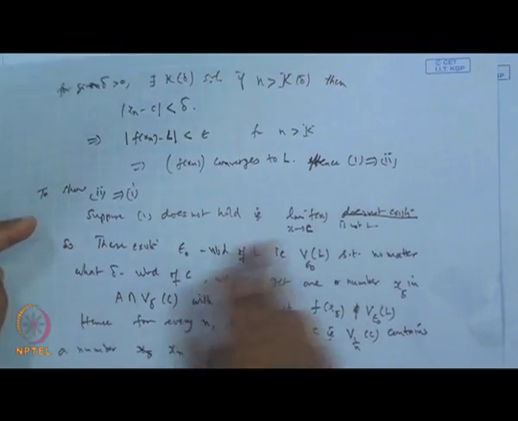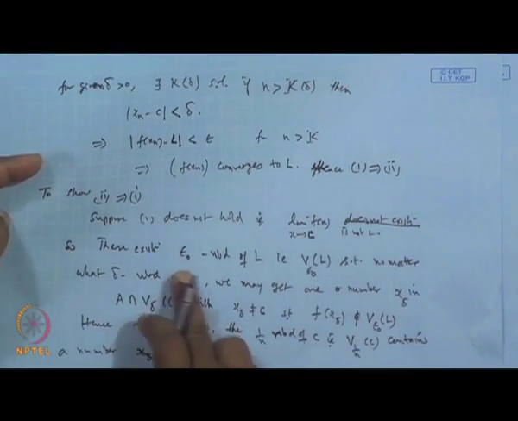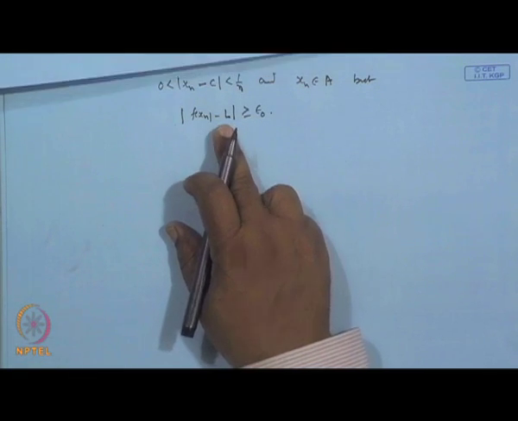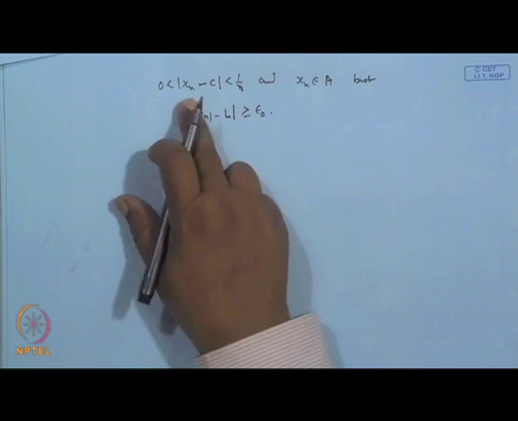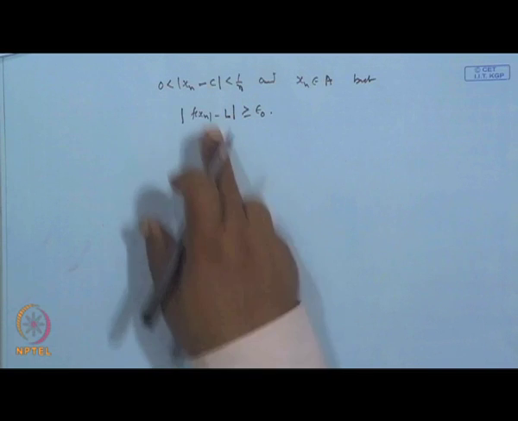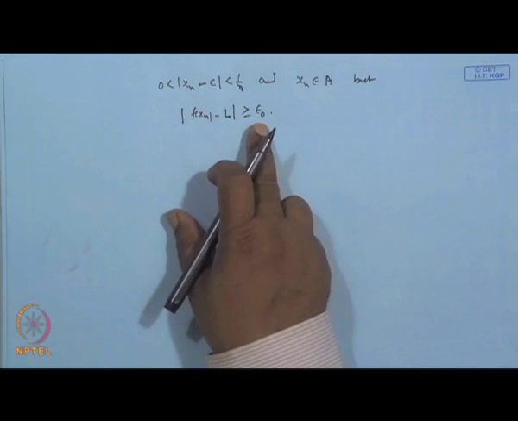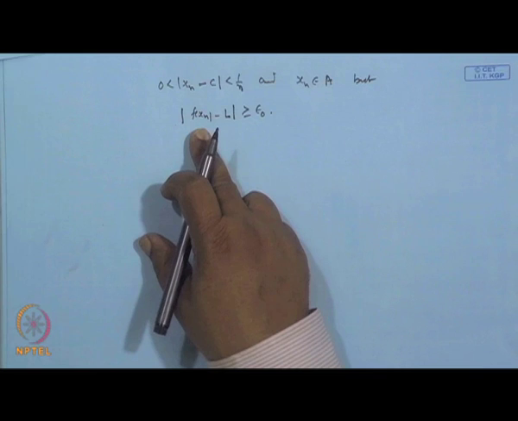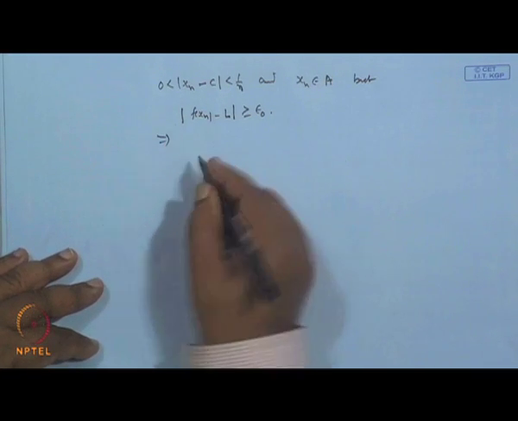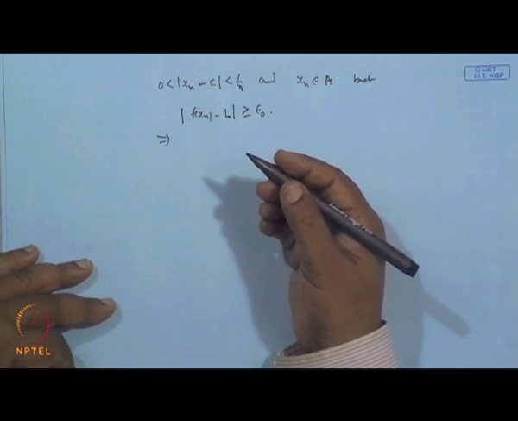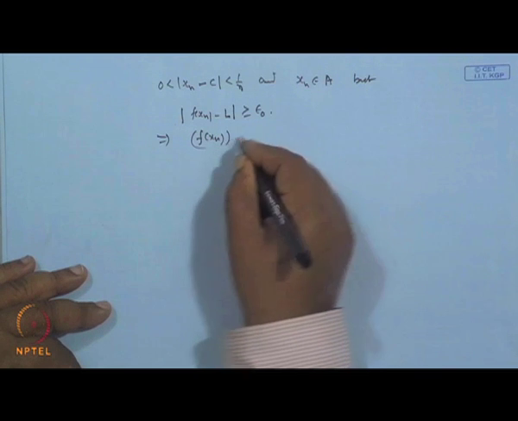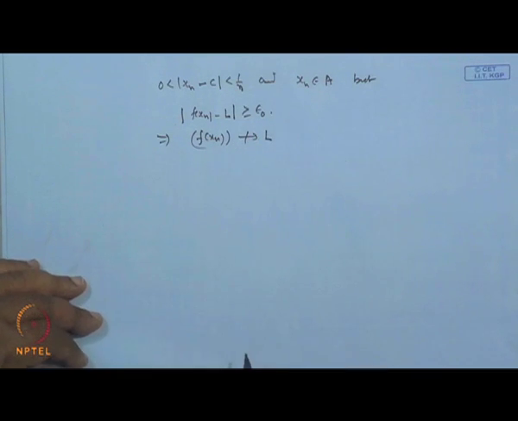So it does not hold means there exists an epsilon naught neighborhood of L such that whatever delta neighborhood of C we choose, there will exist one point x_n whose image will not fall within the epsilon neighborhood of L. So this implies that the sequence f(x_n) will not converge to L, okay.